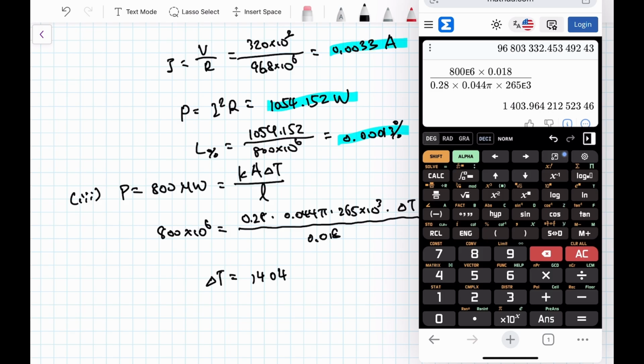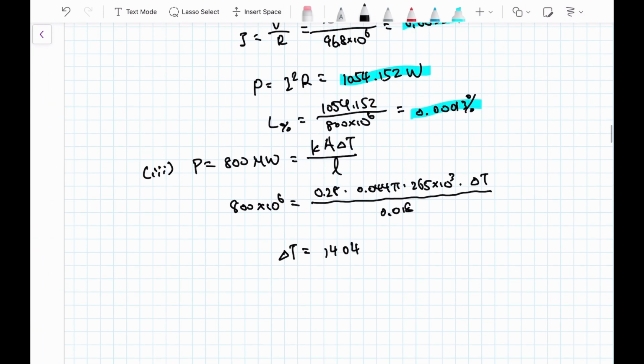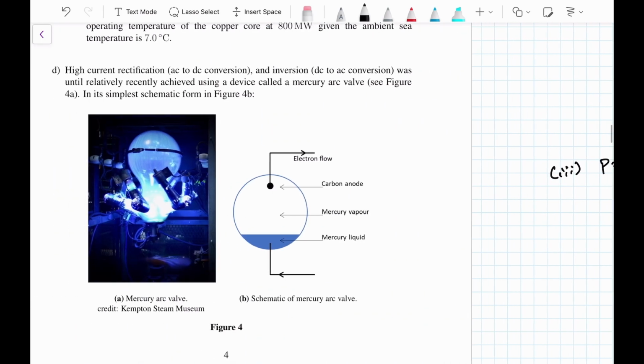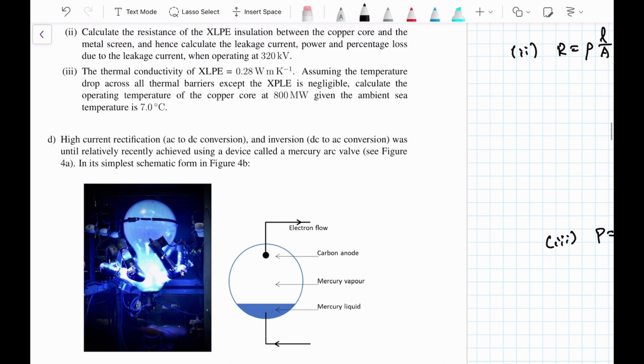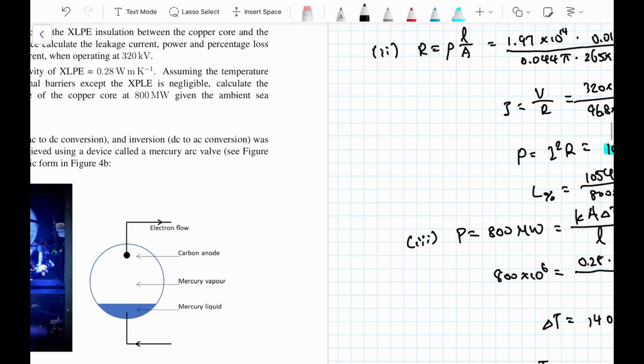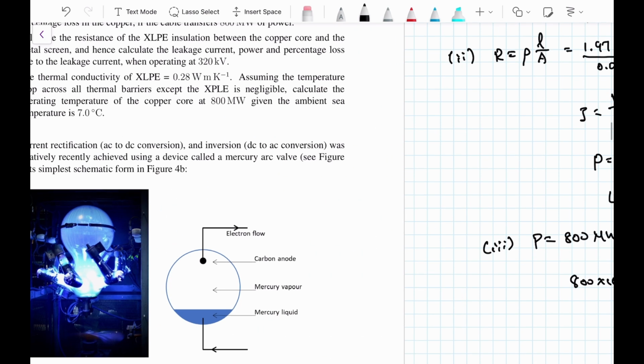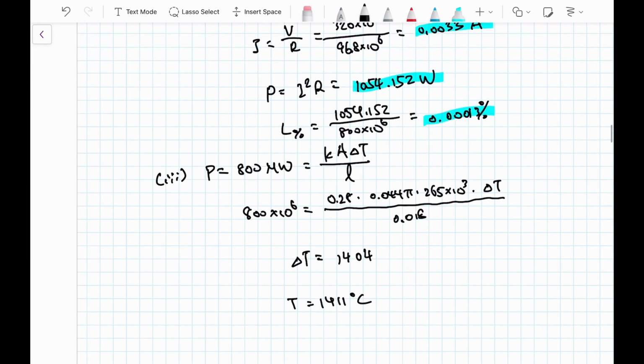So therefore the temperature at which the copper core is operating will be 7 degrees Celsius plus this, which is 1411 degrees Celsius. And that will be the answer to the question.